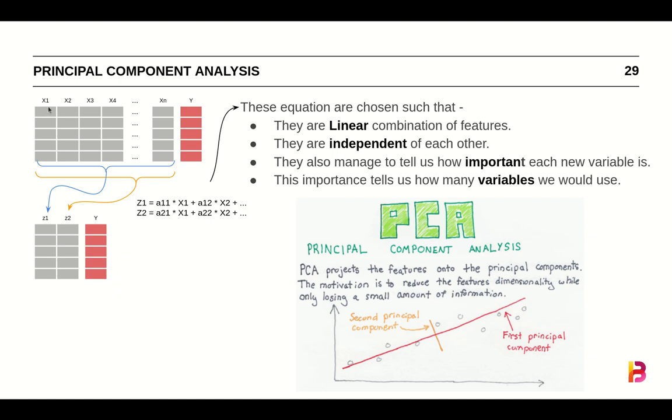So imagine this to be 2 times x1, 3 times x2, 4 times x3, and so on, added together, which leads to z1. Another combination might be half x1, 4 times x2, 3 by 4th x3, and so on. As long as it's a linear combination, we should be able to arrive at another feature.